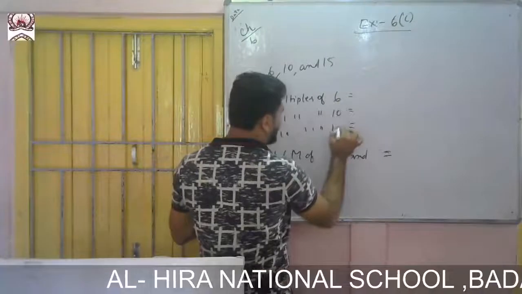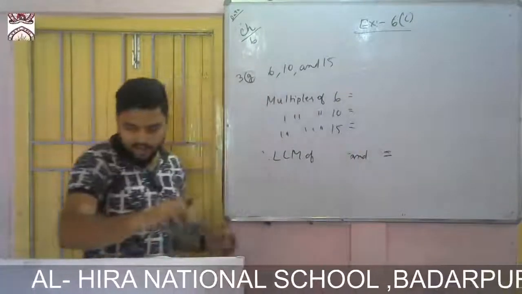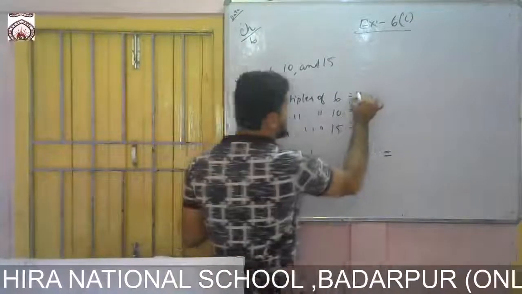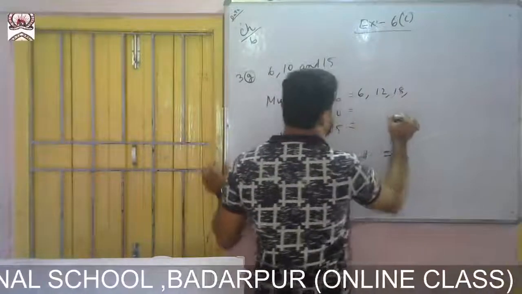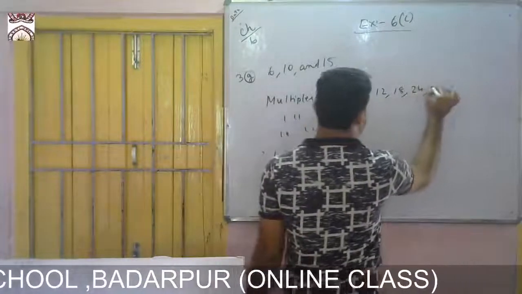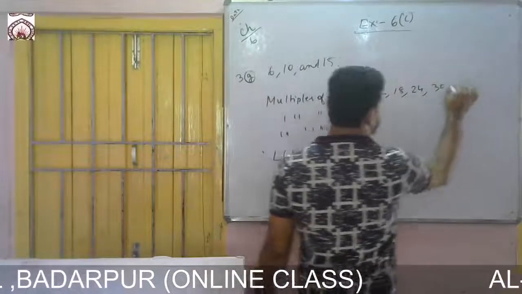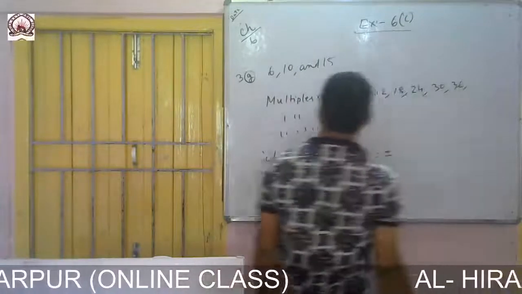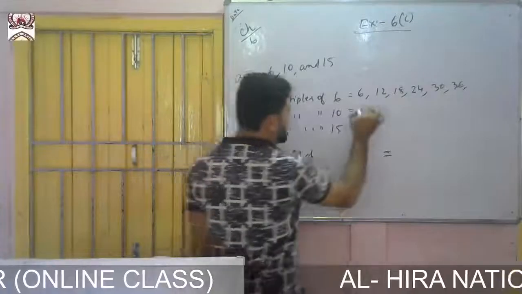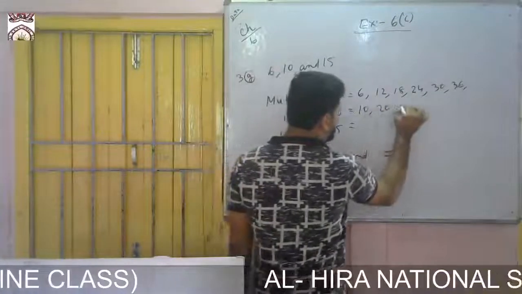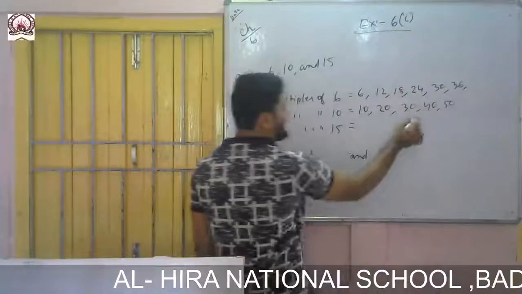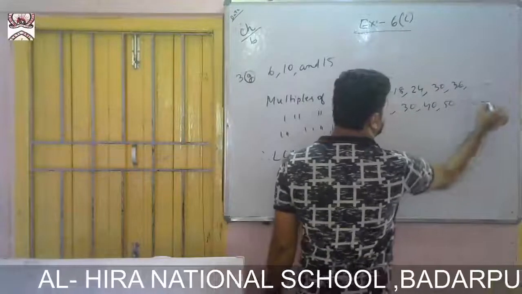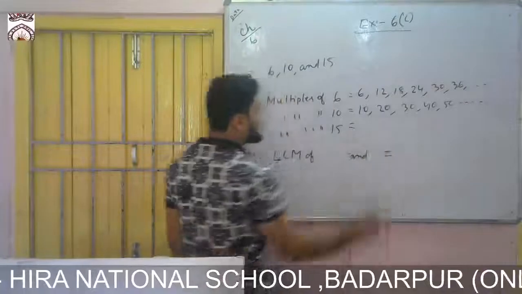6, 10, 15. 6 1s are 6, 6 2s are 12, 6 3s are 18, 6 4s are 24, 6 5s are 30, 6 6s are 36. 10 1s are 10, 20, 30, 40, 50. I am not going more because of 30, you see 30 getting.